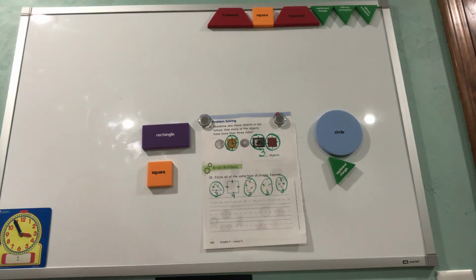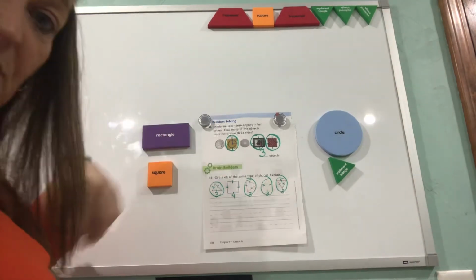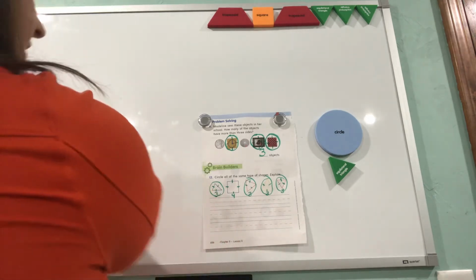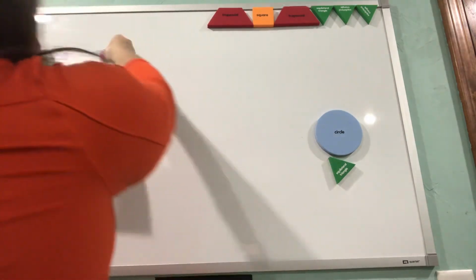So when I go to explain, that's where I have to write my answer. So I'm just going to say that I circled all of the triangles because they have 3 sides. So I'm going to move this out of the way so I can write it just a little bit bigger for you so you can see my response.